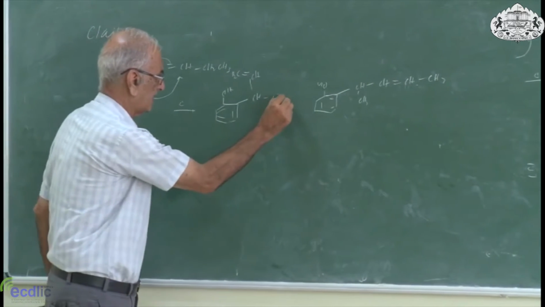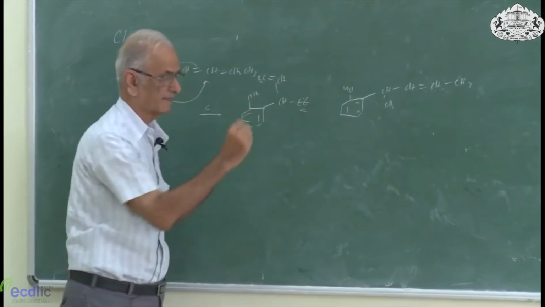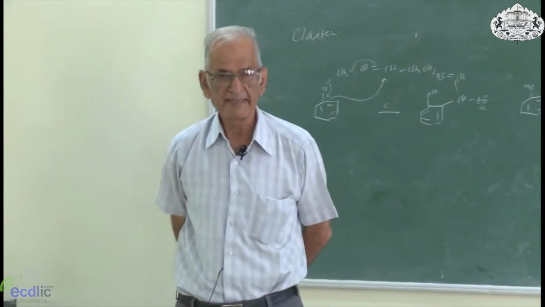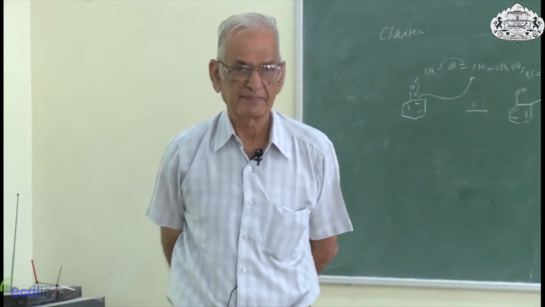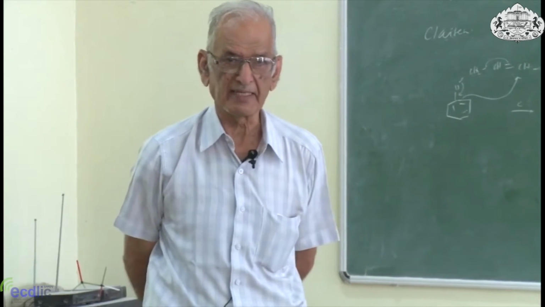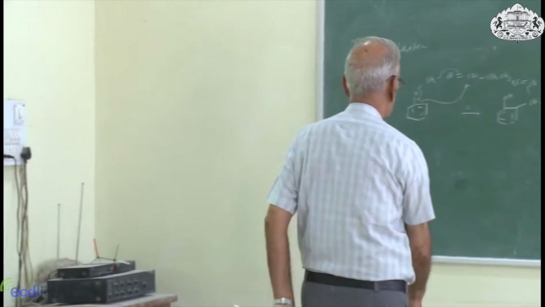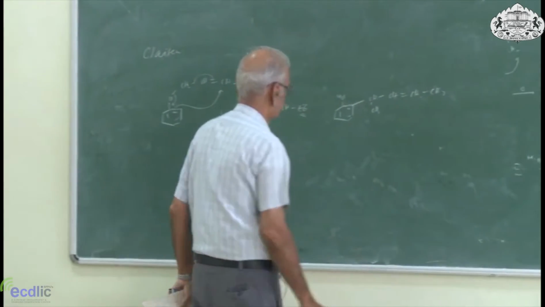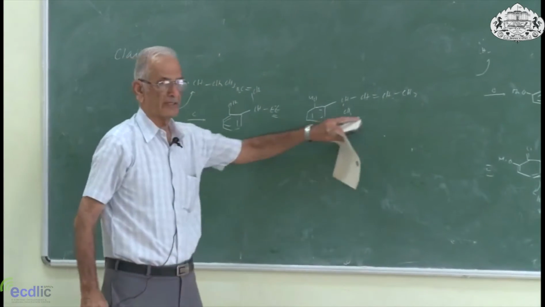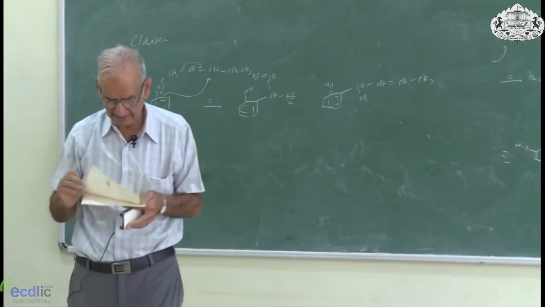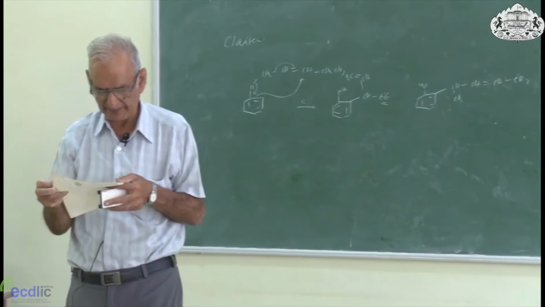In the normal Claisen product, there is an ethyl group. In the starting material also, there was an ethyl group. But in this abnormal Claisen product, there is no ethyl group in the product. So, that is what we are trying to explain.